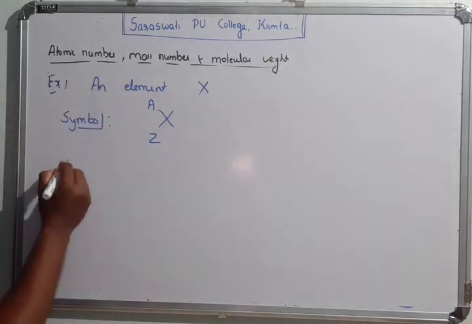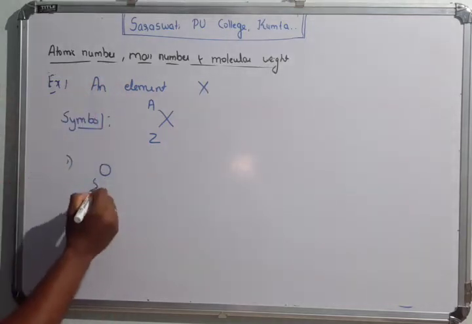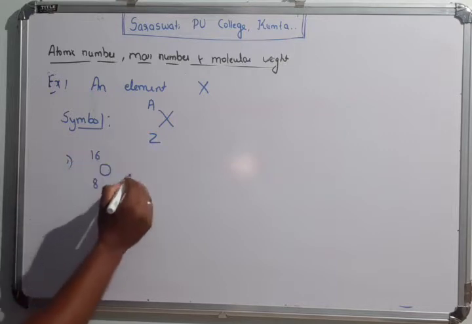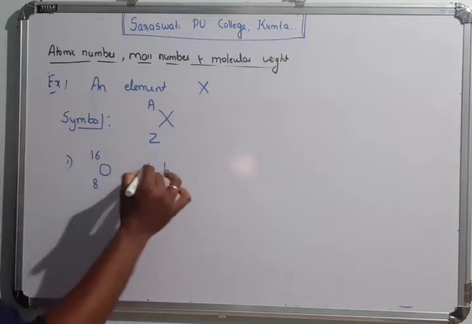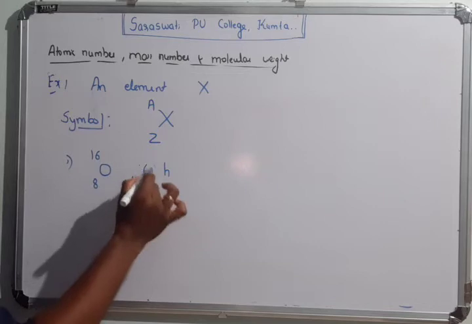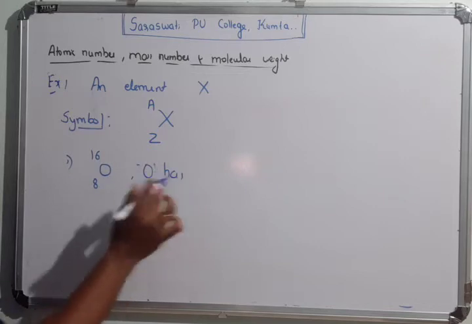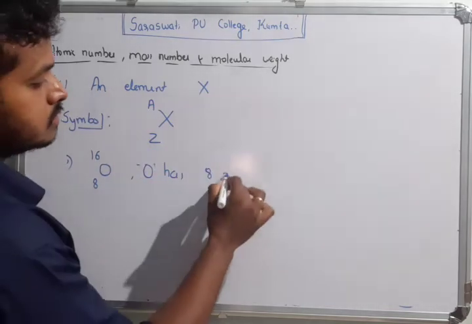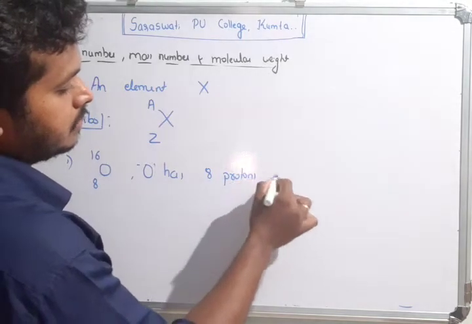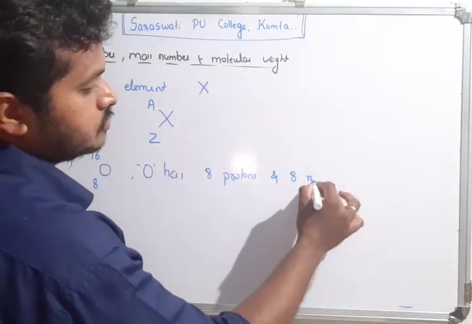For example, if I write oxygen 8, 16, it means oxygen O has 8 protons and 8 neutrons.